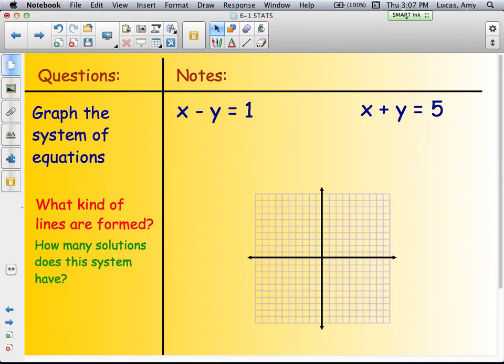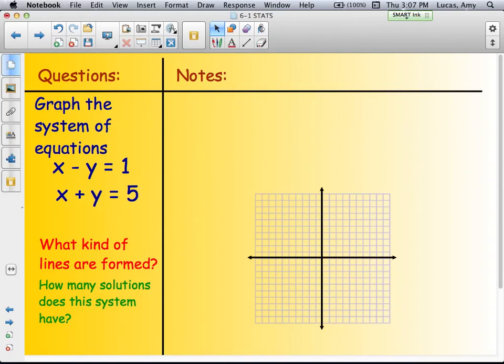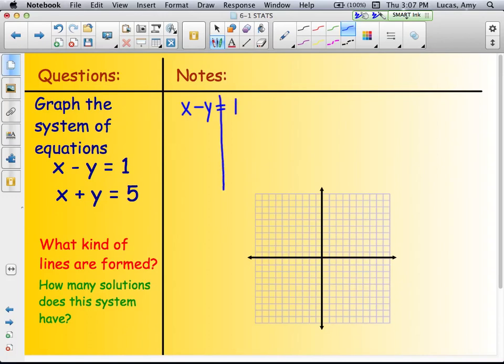Okay, the next system. My first equation is not in slope-intercept form, and this is a little tricky, because when I subtract my x on this one, I have negative y equals negative x plus 1, and then that negative in front of the y is really a negative 1.